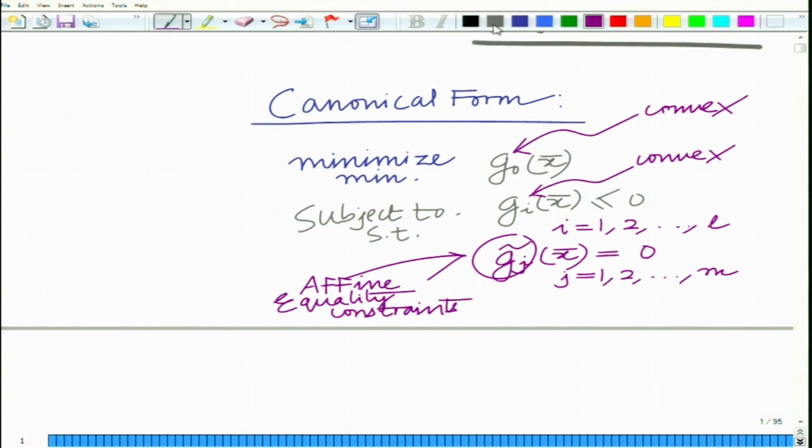Which basically implies that they are hyperplanes. So you have to have constraints of the form a j bar transpose x bar equals b j. So these are affine constraints, or basically hyperplanes. So the inequality constraints can simply be convex functions, and of course the objective itself is a convex function.